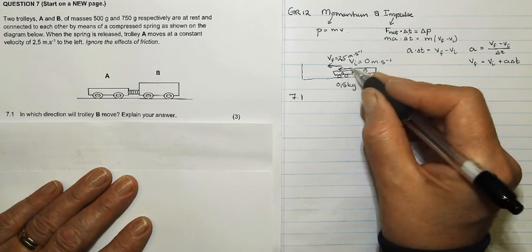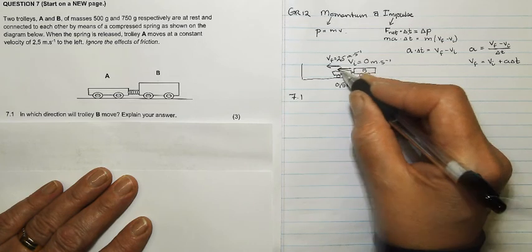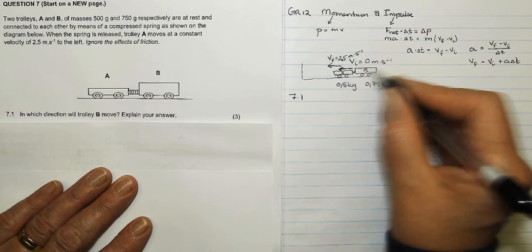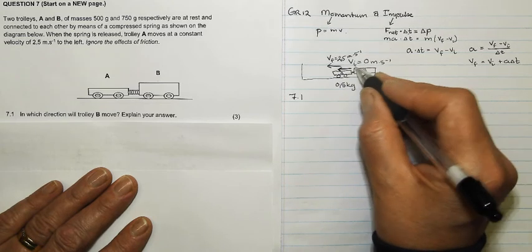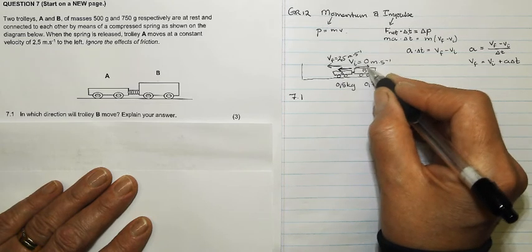So for 7.1, the change in the momentum of A would be in that direction, or the force that the spring exerts on the trolley is in that direction. The same spring will exert a force on trolley B to the right.